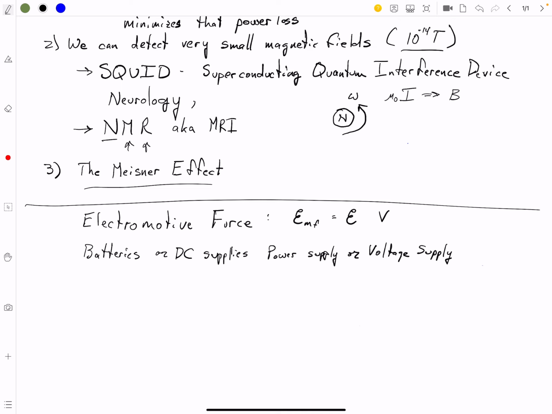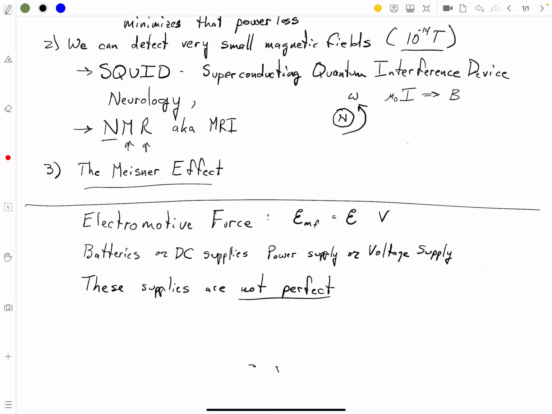Okay. So what are we gonna say? Our voltage supply, or our power supply, these supplies are not perfect.